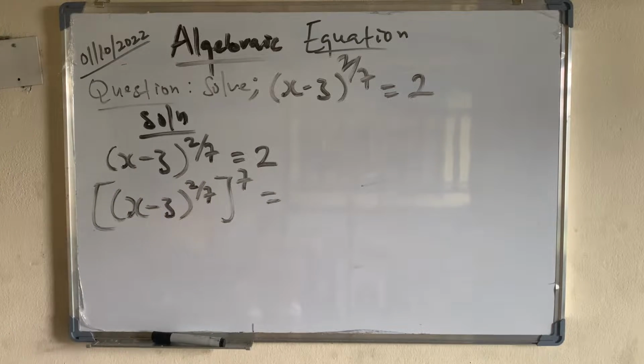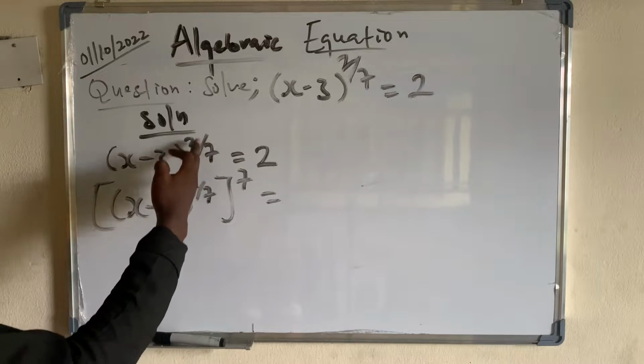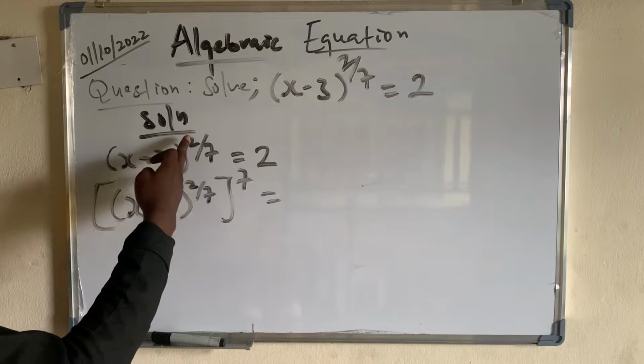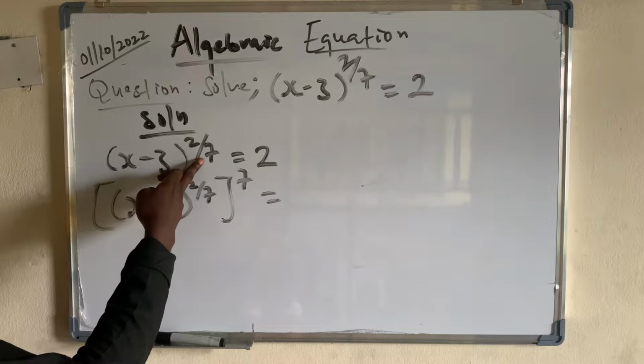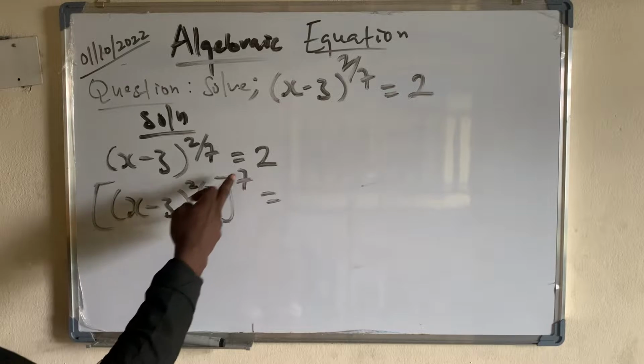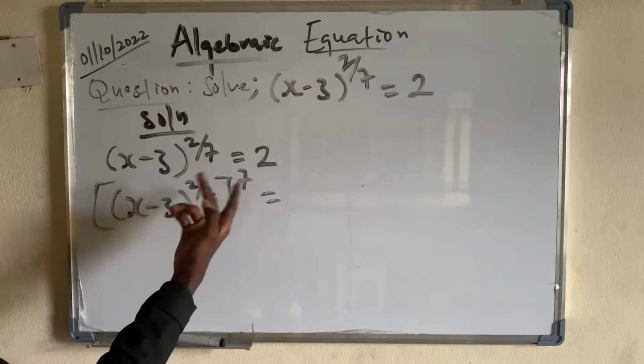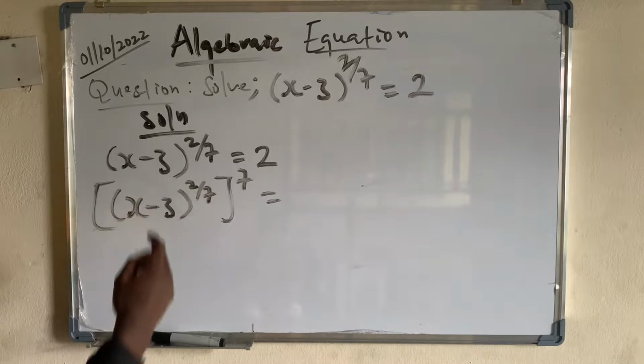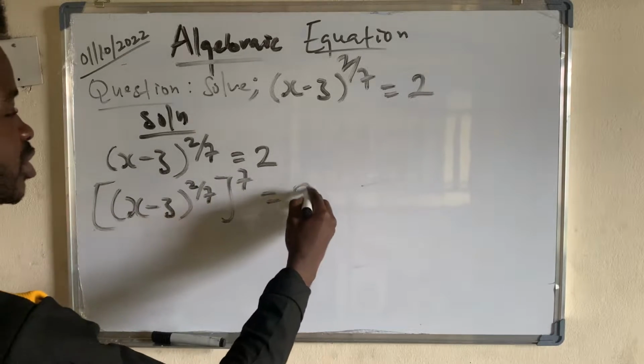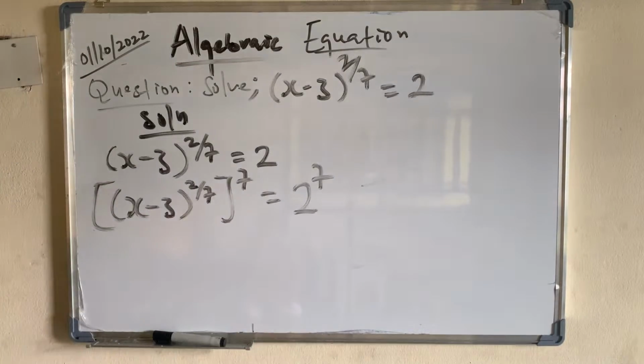Why did I have to go that way? I can see that the fractional power has denominator 7, so I will take all the terms to the power of 7, so that I will apply indices and this 7 can cancel out this 7. So it means I will say this also 2 to the power of 7, just this way.